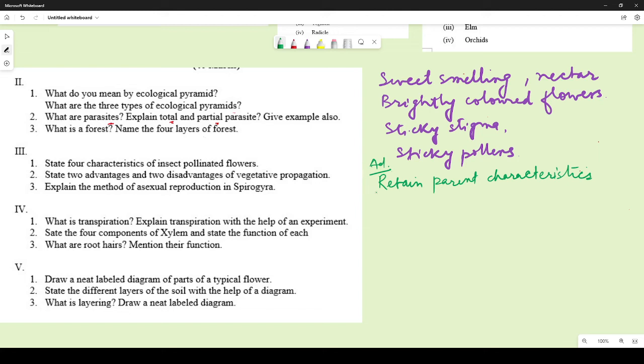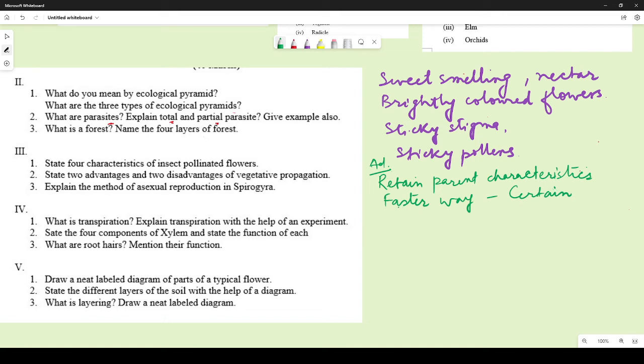And it is a much faster way of reproduction because they're not dependent on any other criteria, like needing their reproductive organs to mature and things like that. So it is a faster way of reproducing, and it is also a sure shot method, a certain method. So it is certain that the reproduction will happen over there.